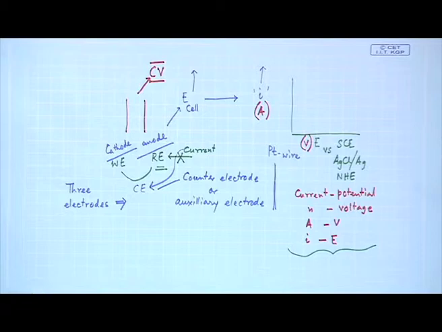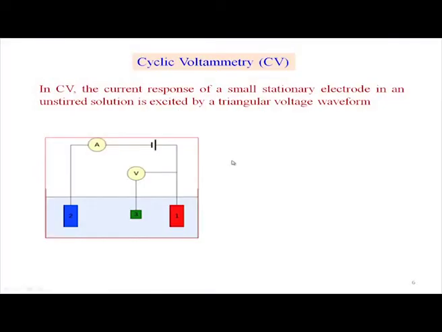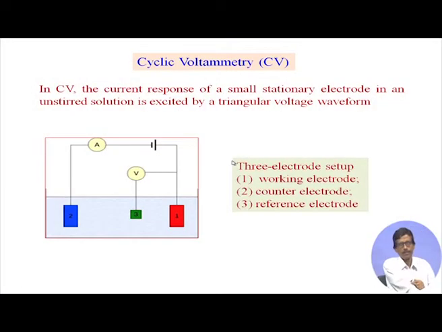So, what we get therefore is 3 electrodes and 2 measurements. It is typically a 3 electrode setup, where number 1 is your working electrode. The working electrode is directly attached to your source, but is also giving rise to the connection for your measurement of your potential.